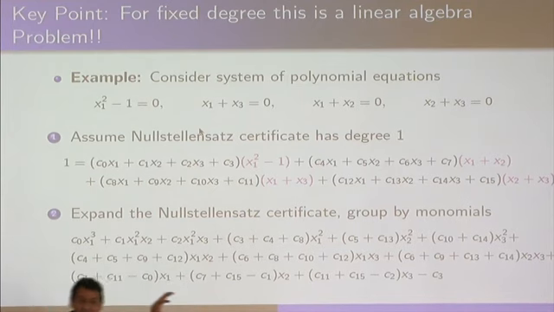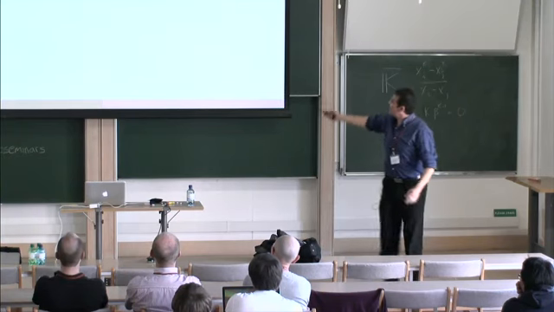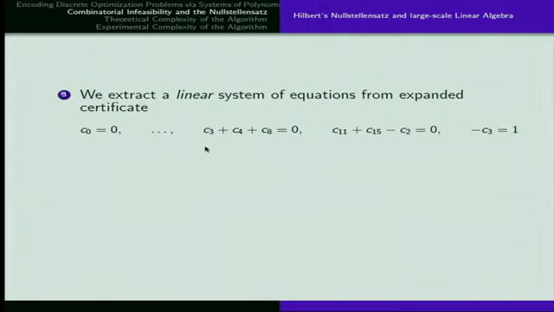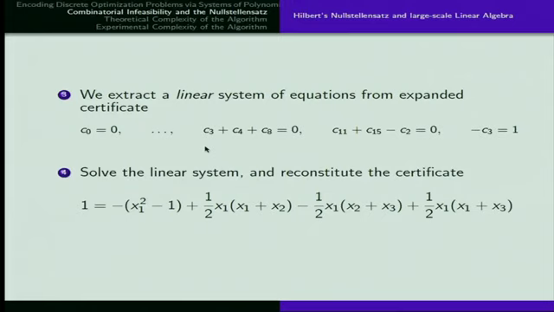So you have a nice matching, and what you end up getting is a system of linear equations over the rational numbers in this case, that will tell you when there's a certificate. So in this case, the guess was correct. The degree of the certificate is 1, and I can solve the system and find the certificate that proves to you that there's no solution.